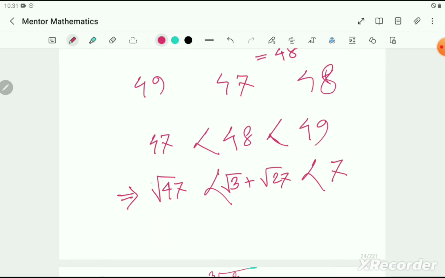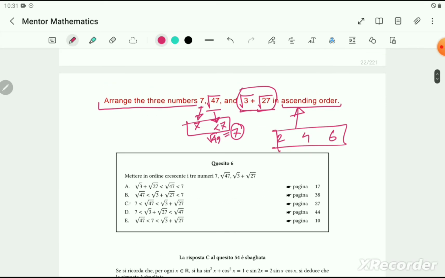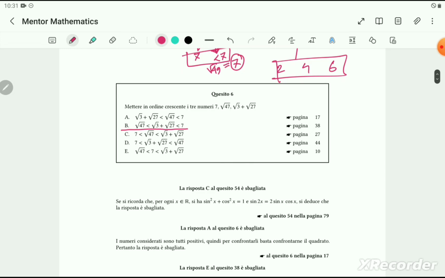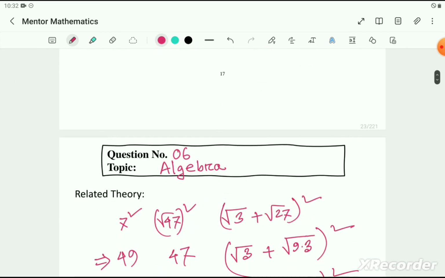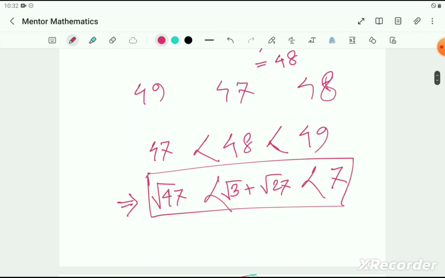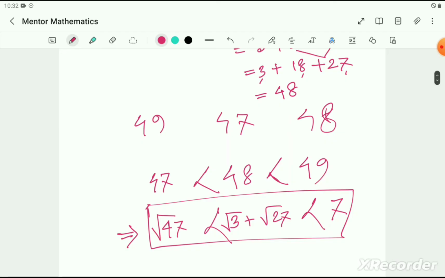Okay, so this is our ascending order. So let's find out the answer. Our option is B, root over 47, root over 3 plus root over 27, plus 7. Okay, so this is our answer.